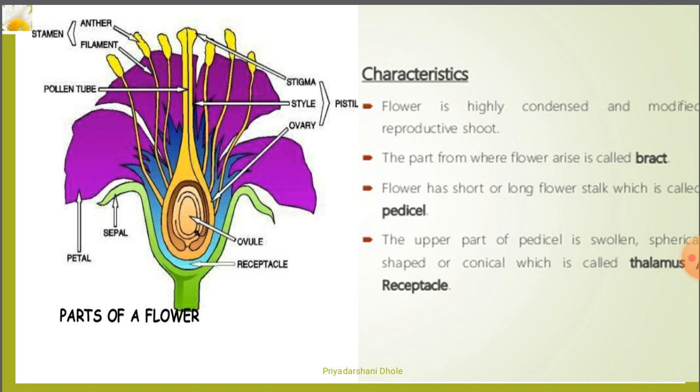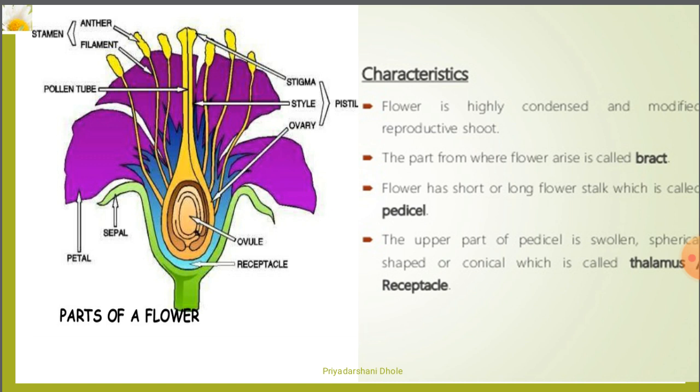Stamen is the androecium. Now this pistil is made up of three parts: style, stigma, and ovary. The style consists of the pollen tube, and at the center ovules are present.